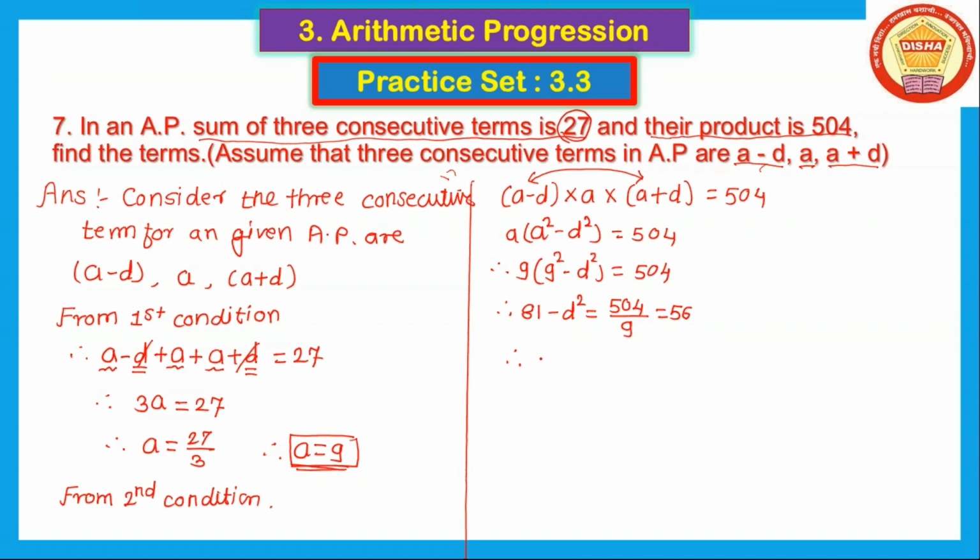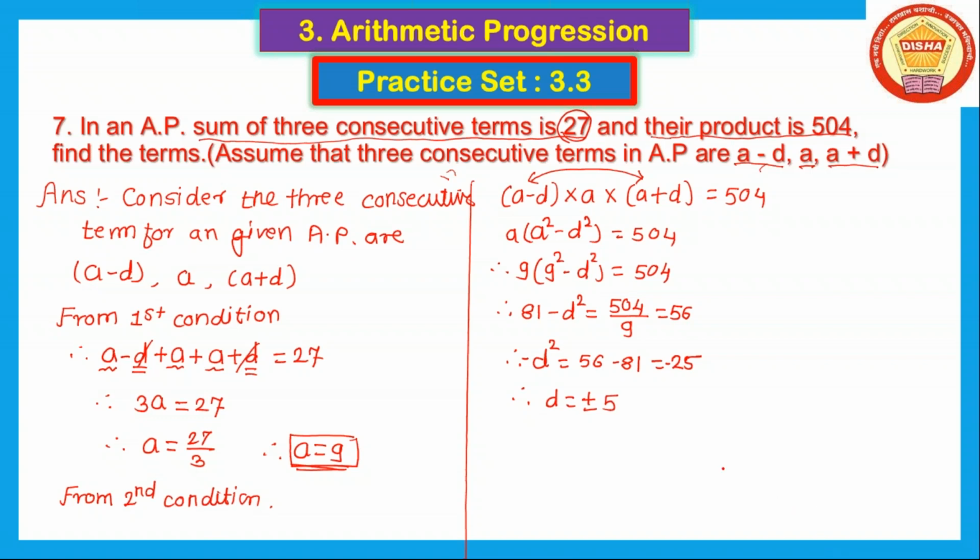Means we write here again, minus D square is equal to 56 minus 81, which is equal to the subtraction of both the terms. Here it is 25 and it is also negative. Means by taking the square root we find the value of D is equal to plus or minus 5.